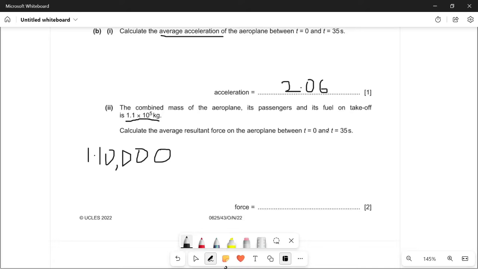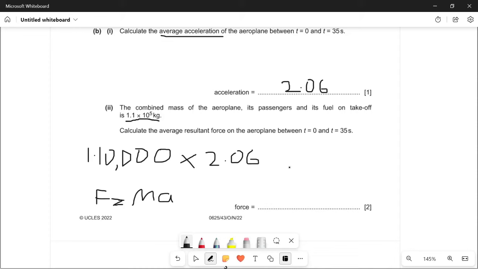And calculate the average resultant force between time t equals 0 and t equals 35. So to find force, the formula is force equals mass times acceleration. We're given the mass and we have found the acceleration. So the force is going to be 110,000 times 2.06, which is 226,600.